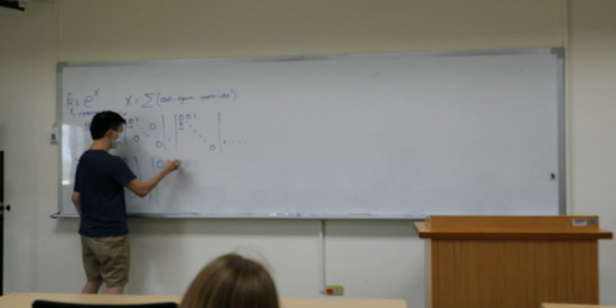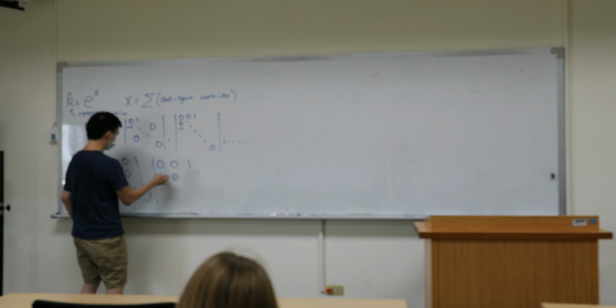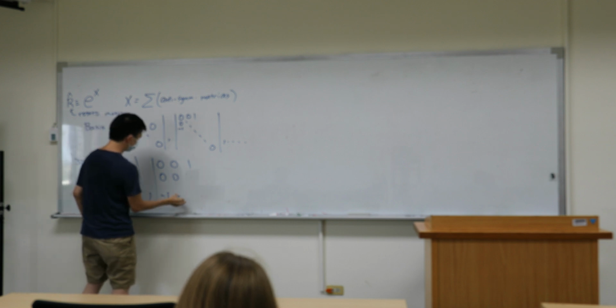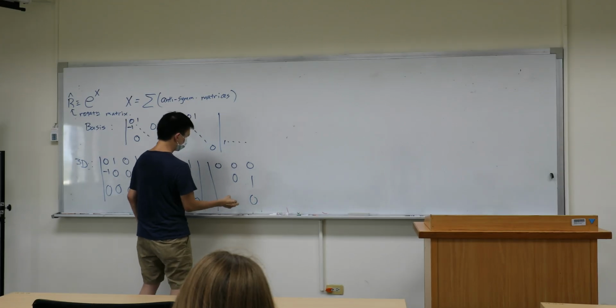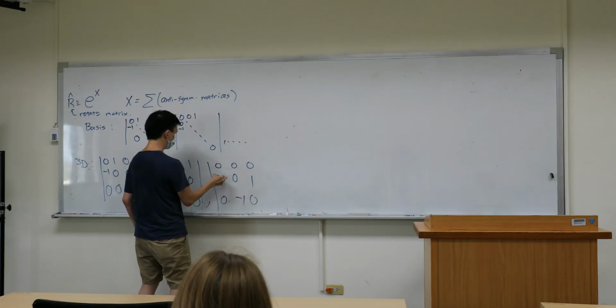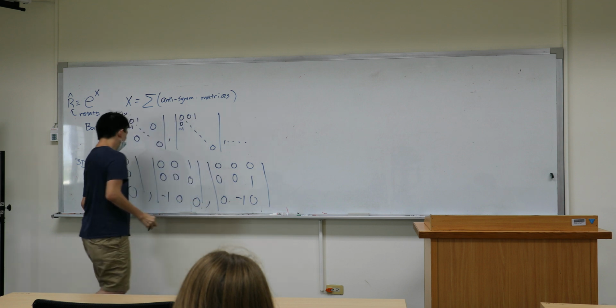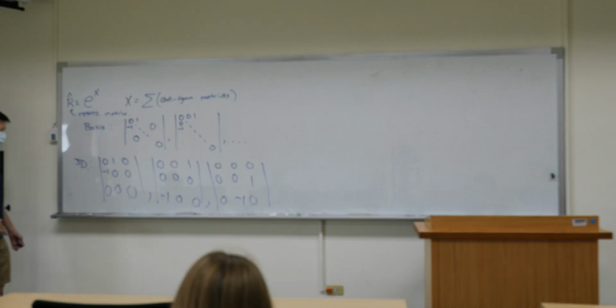Everybody else is 0. And then you have 0, 0, 1, 0, 0, -1, 0, 0, 0. And then the last one is this one: 0, 0, 0, 1, 0, 0, and this is -1. And so on.